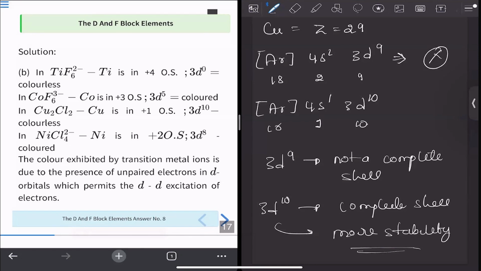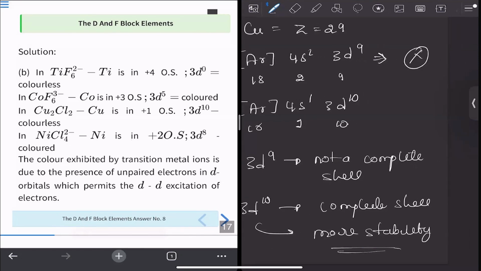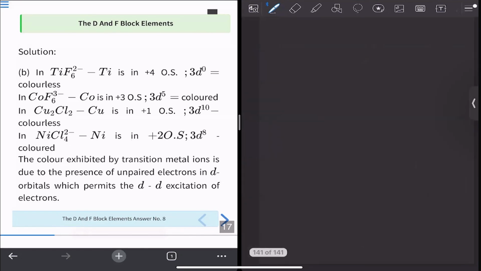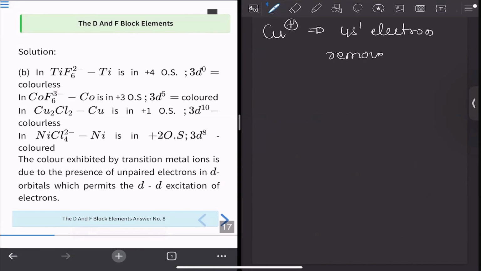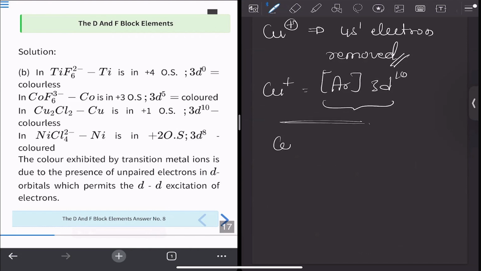So when we remove one electron from copper to form Cu plus, the 4s1 electron is removed. So the configuration of Cu plus will be argon 3d10. So it is colorless.